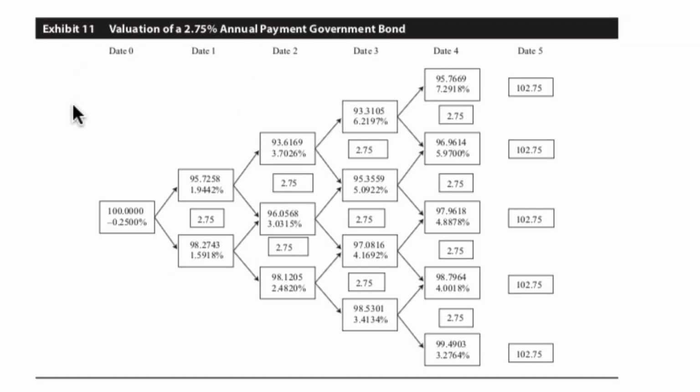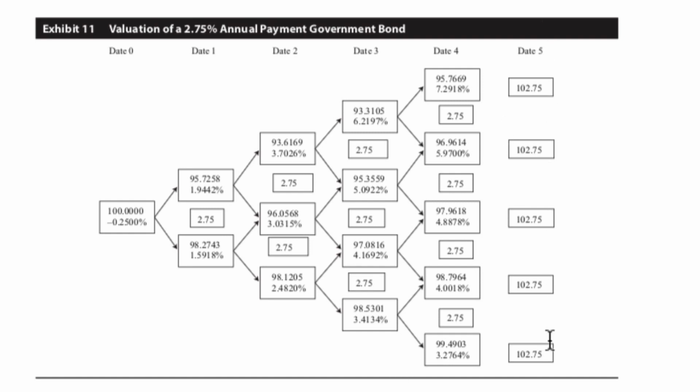All right, here's Exhibit 11, valuation of a 2.75% annual pay government bond. And it's going to be a par bond, as we can see right here. It's a par bond because the 5-year par rate, we're going to use the same rates throughout the reading, the 5-year par rate was 2.75%. So we should have a par bond, and we do. And you've already been through the reading on pricing out a bond using the tree.